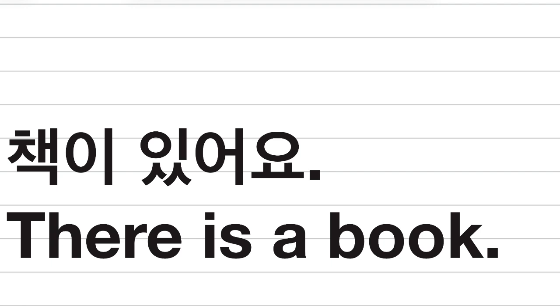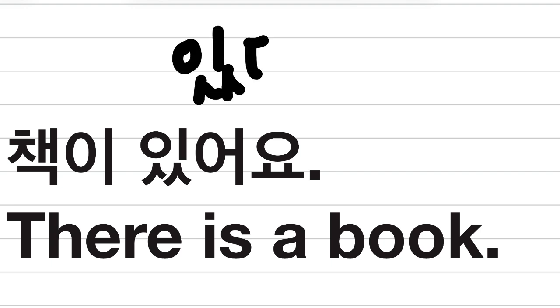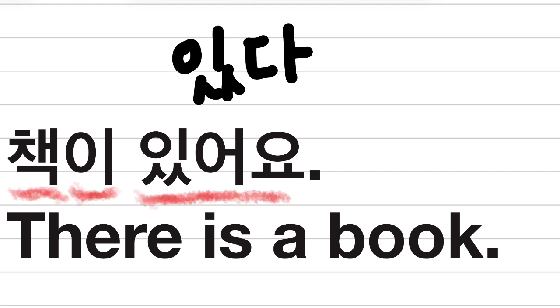There is a book. 있어요 came from 있다. So please, there is a book. We say 책이 있어요.